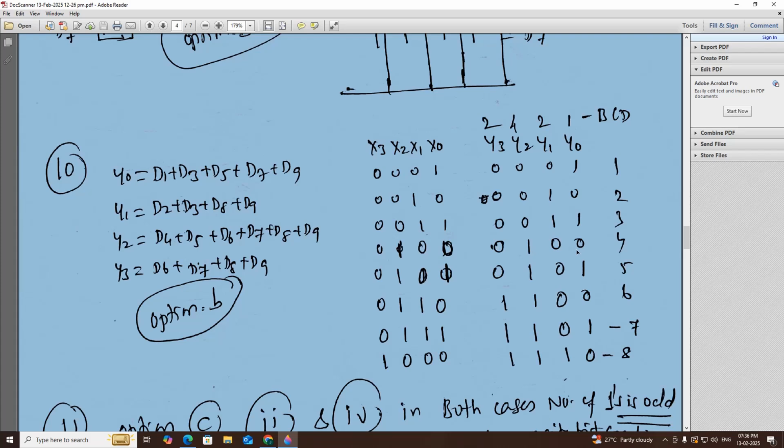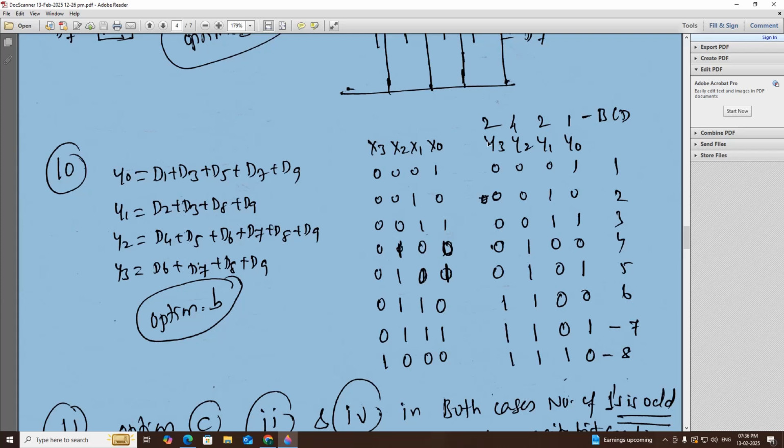For this input combination we will get 4, which is both are same. For 5 also both are same. For 6, by substituting this, we will get 1, 1, 0, 0. If you try to convert this into a 2421 code, we are trying to find the output for 6.